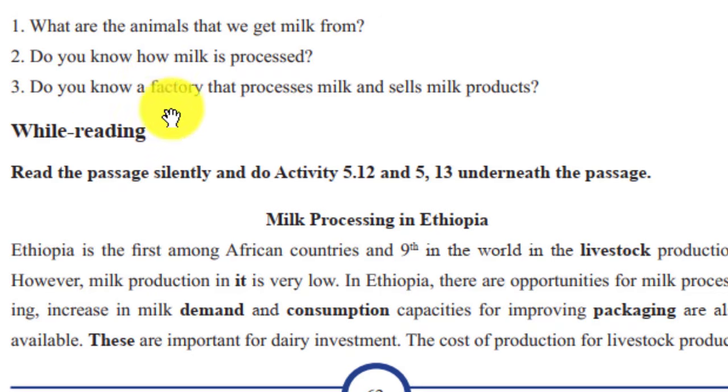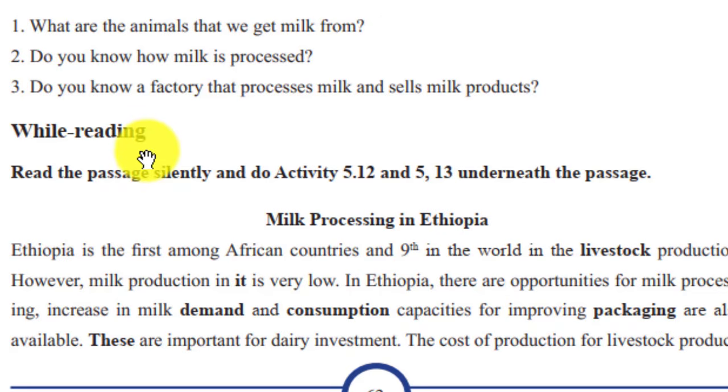Number 3: do you know a factory that processes milk and sells milk products? እንግዲህ ታውቃላችሁ ፋብሪካ that processes milkን ወደ ሌላ የሚቀይር ማለት ነው and sells milk products, እንዲሁም የወተት ምርቶችን የሚሸጥ ፋብሪካ ታውቃላችሁ? የምታውቁ ከሆነ you will say something about that.